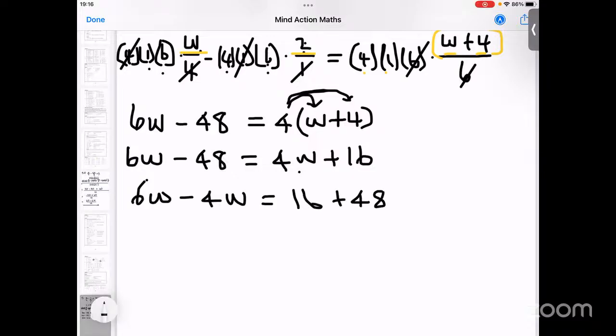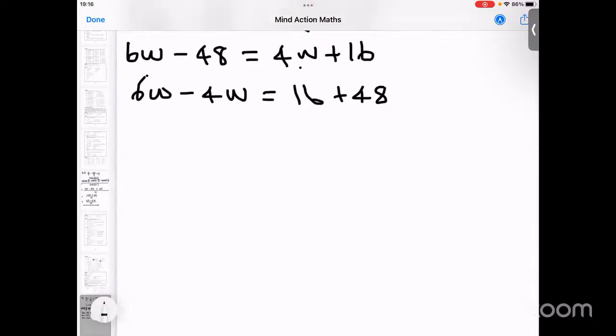That's why it changes the sign. Meaning this minus that will give you 2W, which is equals to, what is that plus that? You minus 2, they take it there, it makes it 64. I think this is 64.